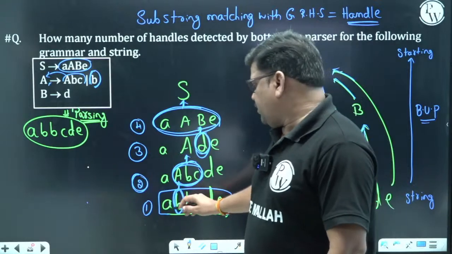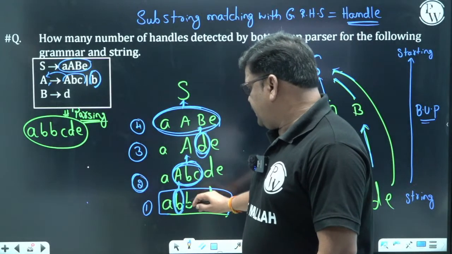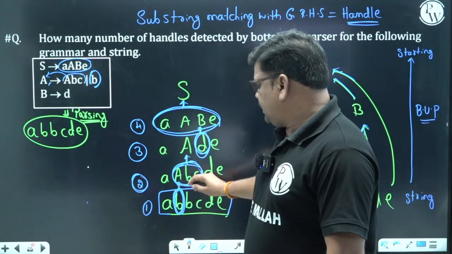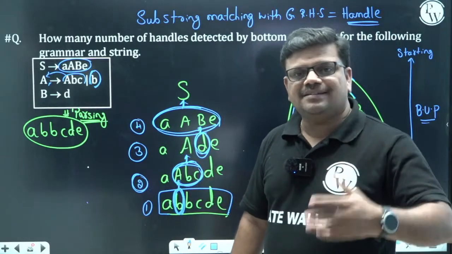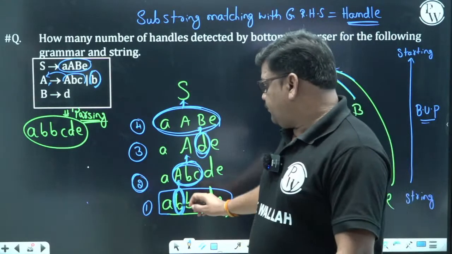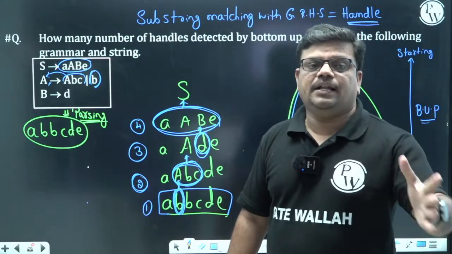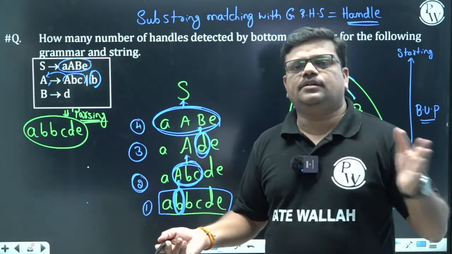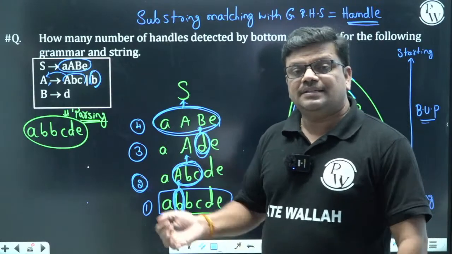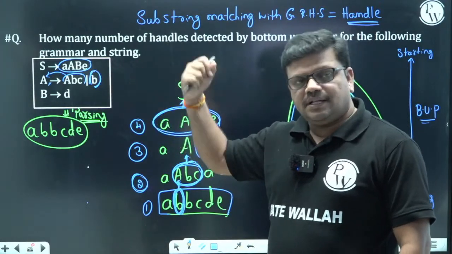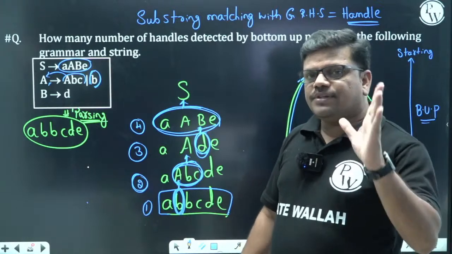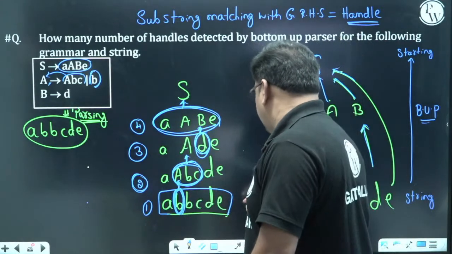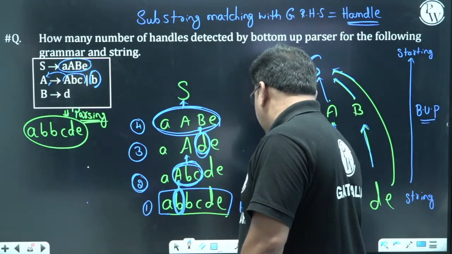In the first step, the substring B is matching, so it is replaced. Now we can say the same thing like this: in the first step, B is the handle. Handle is nothing but what I was previously calling a substring. That substring which is matching, that is the handle here. So in the first step, handle is B.